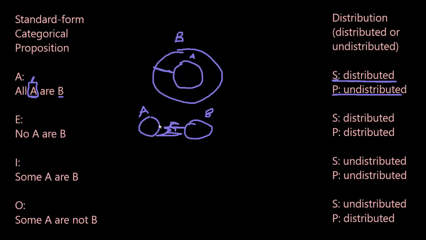Which means we've committed ourselves not only that for all of the A's, none of them are going to end up being B's, but also that for all of the B's, none of them are going to be A's. So we're saying something about everything that falls under both the subject term and the predicate term. So for E statements, both the subject term and the predicate term are distributed.